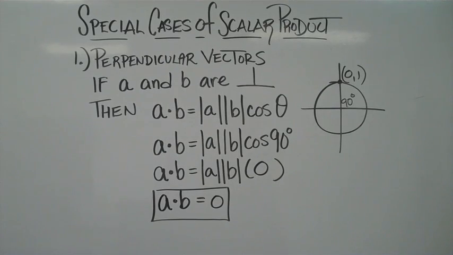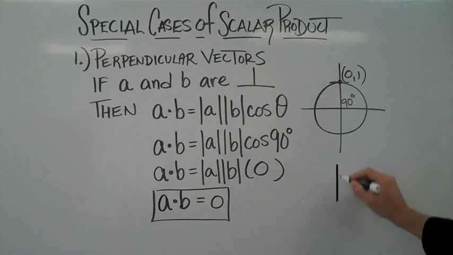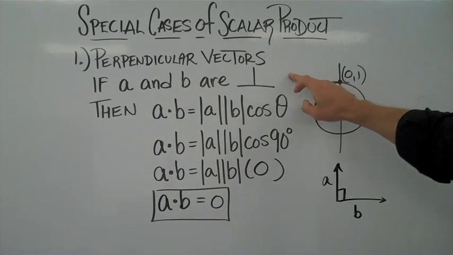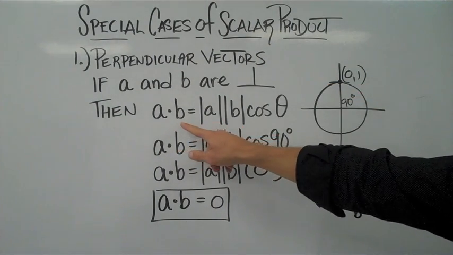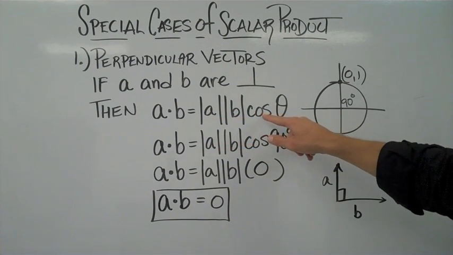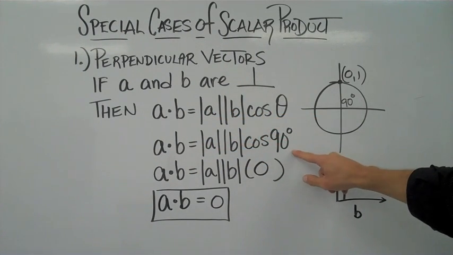We have 3 special cases of the scalar or dot product. First of all, what if the two vectors are perpendicular to each other? For example, if here is vector A and here is vector B, and between them we have a 90-degree angle. Well, then they are perpendicular, and the dot product A dot B equals the magnitude of A times the magnitude of B times cosine theta, and theta is 90 degrees.